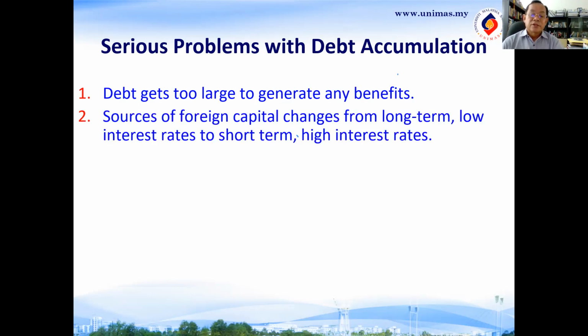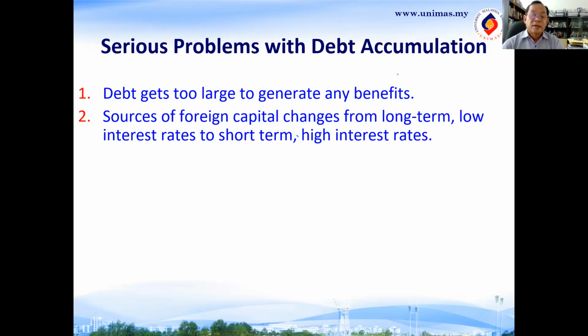Sources of foreign capital change from long-term low interest rate to short-term high interest rate. That is also a drastic change, where the terms of borrowing changed from long-term interest rates to short-term interest rates.